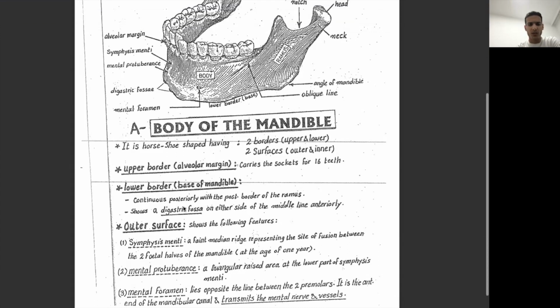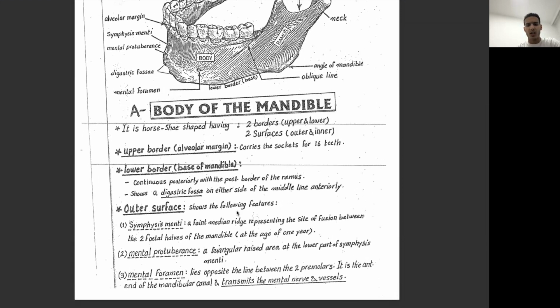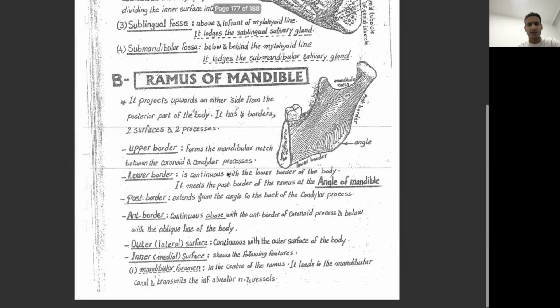The lower border continues posteriorly with the border of the ramus, as you can see right here, and it shows a digastric fossa on either side of the midline of the mandible anteriorly. The outer surface shows the following features: symphysis menti, mental protuberance, and the mental foramen, as we discussed.